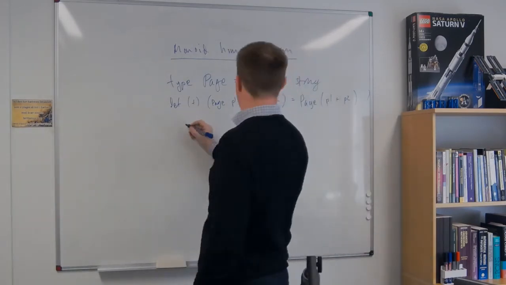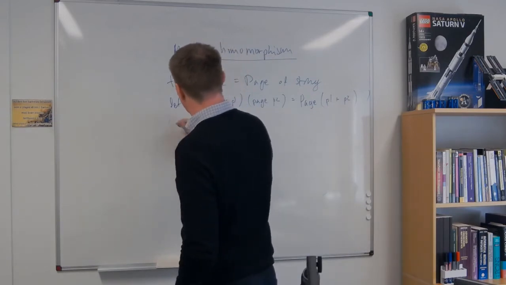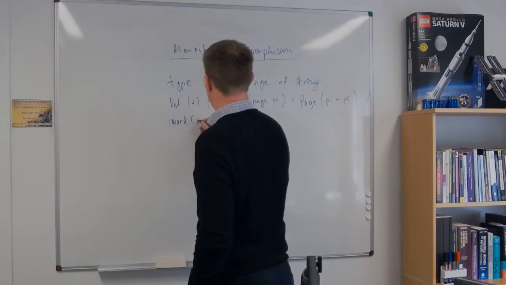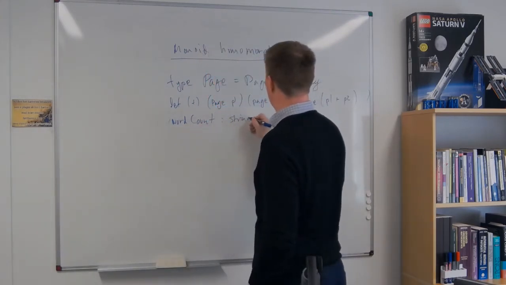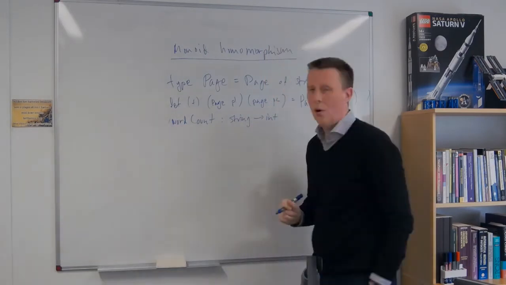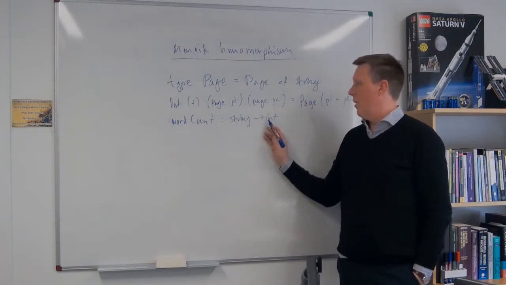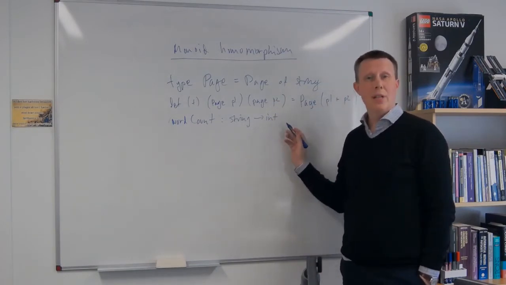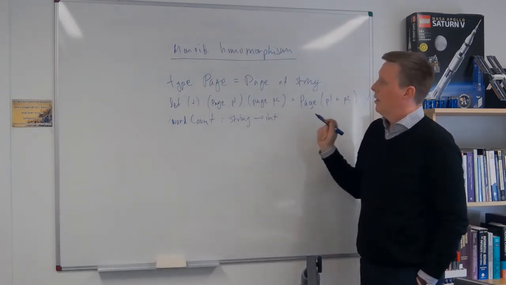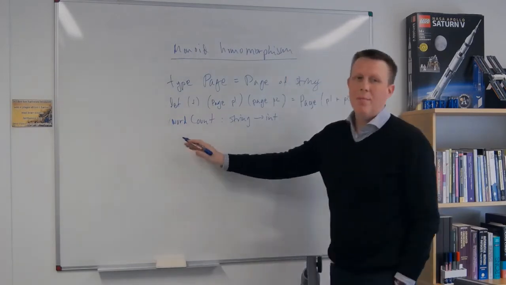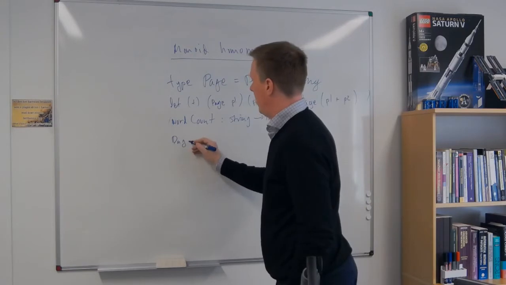We're going to have a function here that we'll call word count, which is a function which takes a string and produces an int. So word count will just take a string, count the words in it and spit out that number. I'm going to call it page.map.